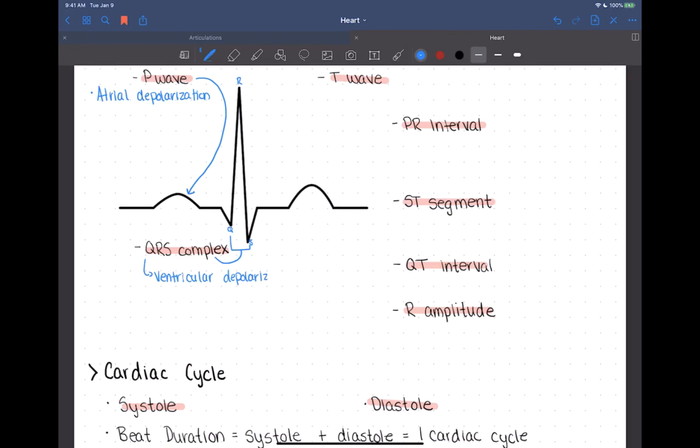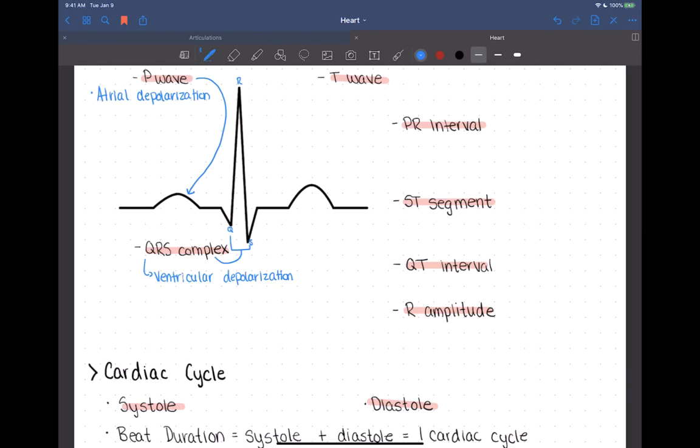Those ventricles are huge, so that electrical activity has a long way to travel and a complex journey through them, and that's why this is such a strange shape. Also, because this is so large, it's going to mask the repolarization of the atria. We don't see the repolarization of the atria just because it's masked by this QRS complex.